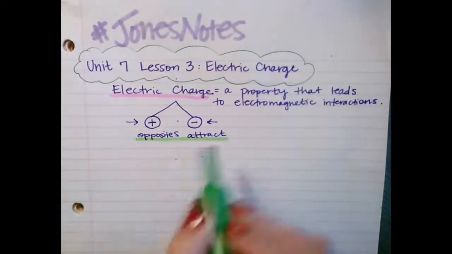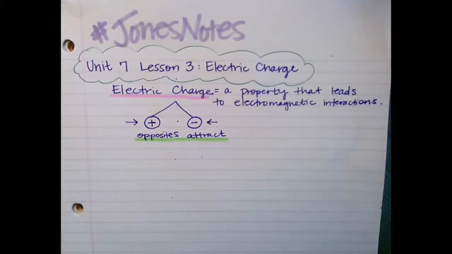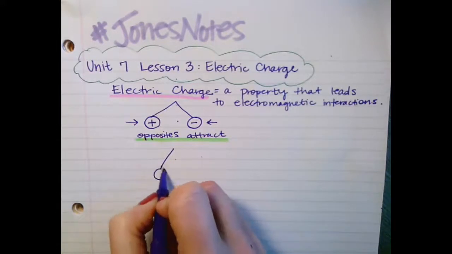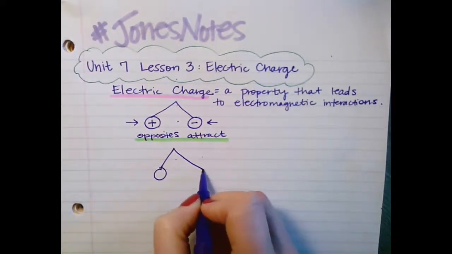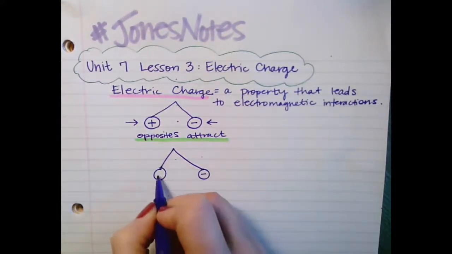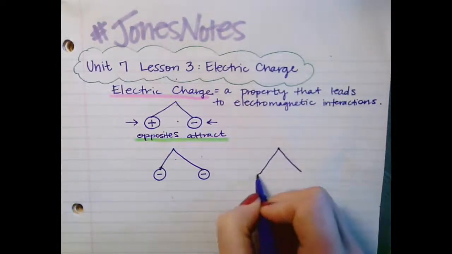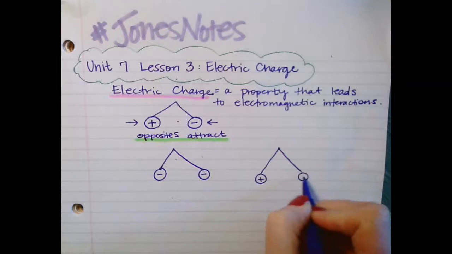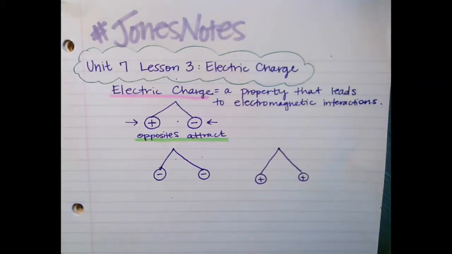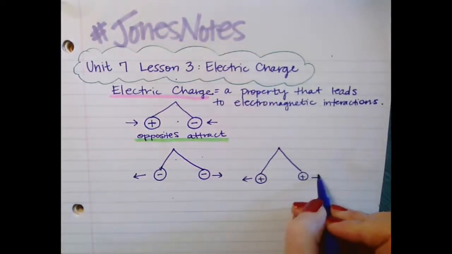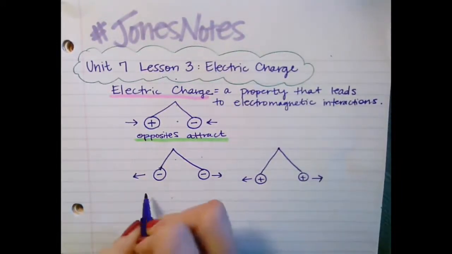Opposites attract. And then if I had balloons again on a string, and they were both negative, or they were both positive, when you have the same charge, they will actually go away from each other, which is called repelling.